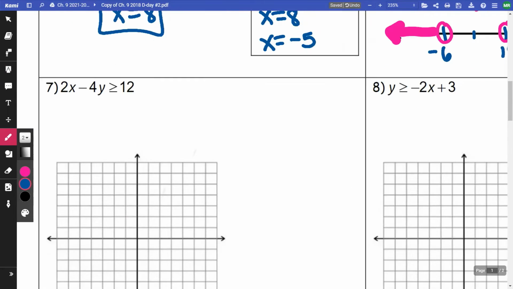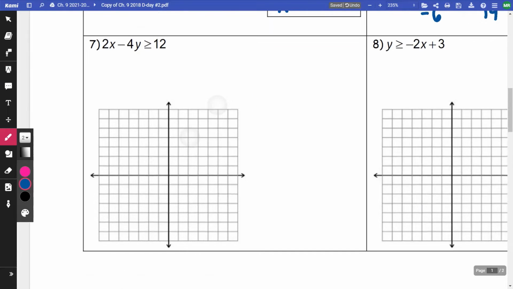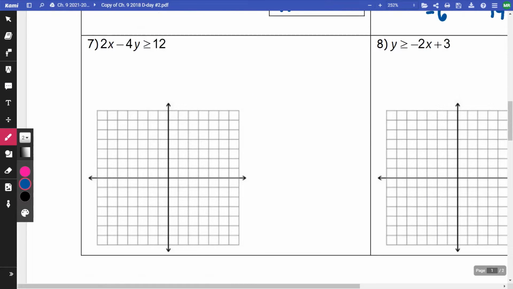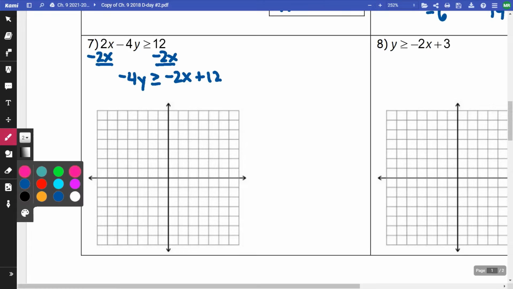On number 7, I'm going to graph this on XY axis. Do not decide if you're going to shade above or below until you get your y isolated. So I'm going to subtract 2x from both sides. I'm going to get -4y is greater than or equal to, and I'm going to write the -2x first and then plus 12. Then I'm going to divide by -4.